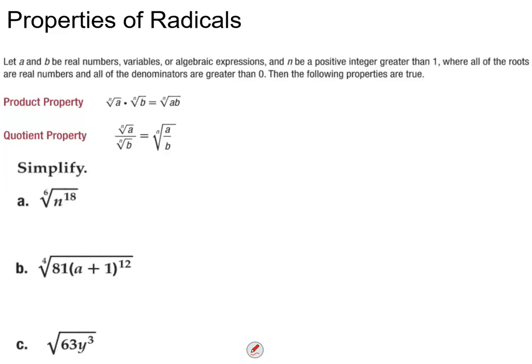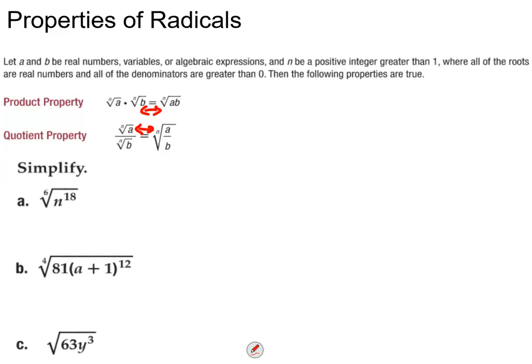Or if they're separated with a quotient, the nth root of a divided by the nth root of b, you could put them all under the same radical. And remember, with these equal signs, we can go either direction. If we start on the left, we can manipulate an expression to look like it is on the right, and the same thing for the quotient property.